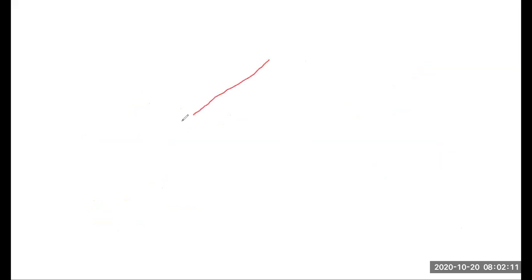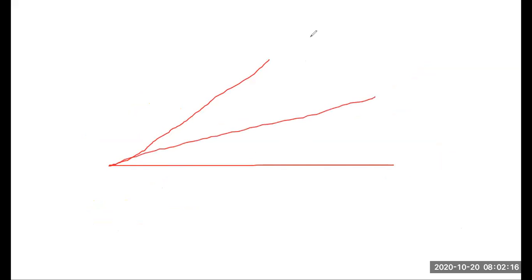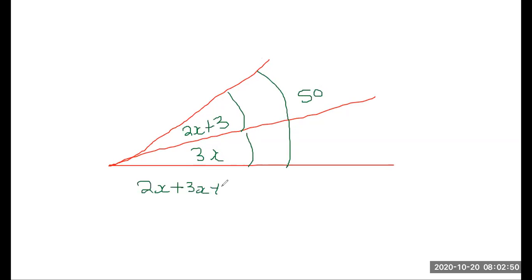So, looking at adjacent angles still, if I was supposed to write an equation for this one, 2x plus 3, 3x, but the whole thing is 50. What would be my equation? How would I write my equation out? 2x plus 3x plus 3 equals 50.